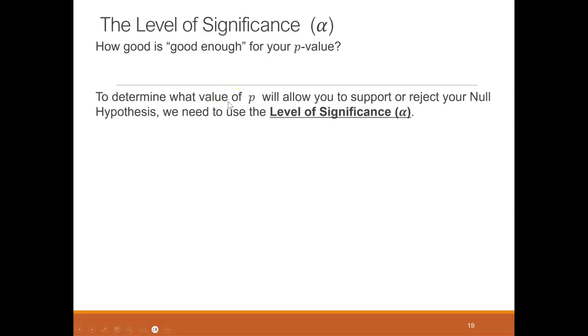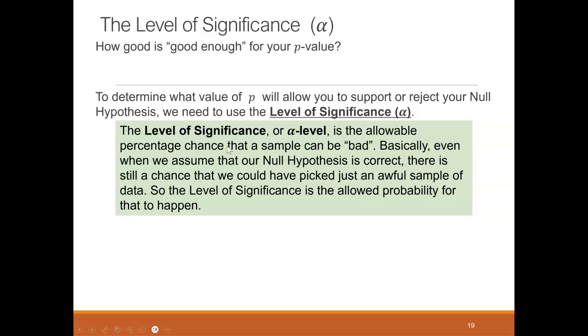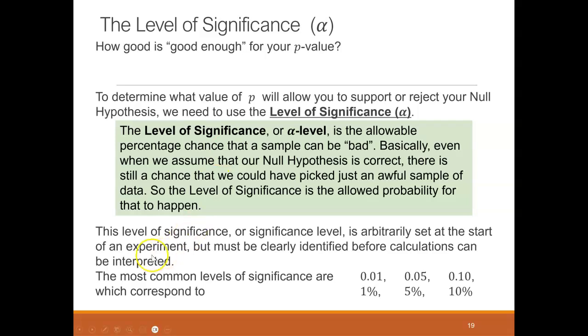When we set a standard like that, it's called the level of significance. This would be something that would be given to you in your problem. It's basically the cutoff line between how bad of a sample is bad enough, right? Typically your most common levels of significance would be 1%, 5%, or 10%. But it could be anything.